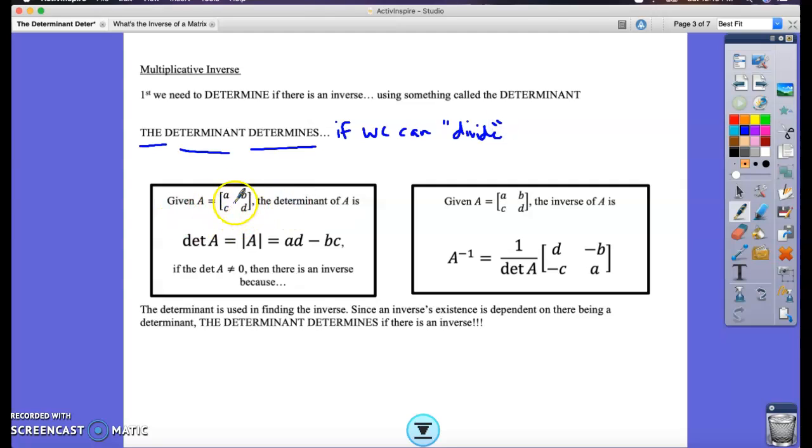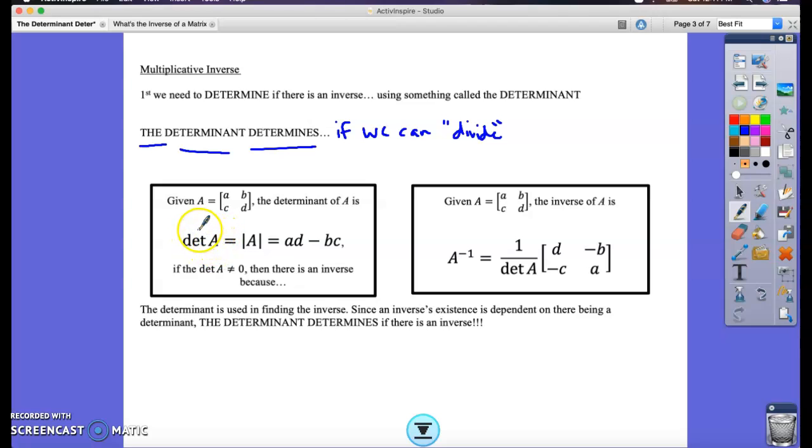Okay, if I give you a matrix A, notice it's a square matrix. We're going to be doing division all with square matrices. Here's an entry a, b, c, d. Yes, we're going to read it across row by row. The determinant is going to be this formula here. Now, if I ask you to find the determinant, there are a couple ways that I'll ask that. I'll say DET in front of the matrix.